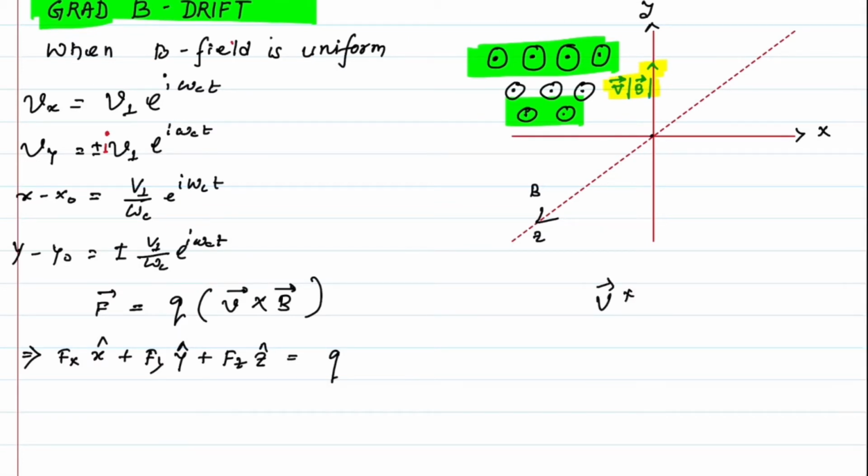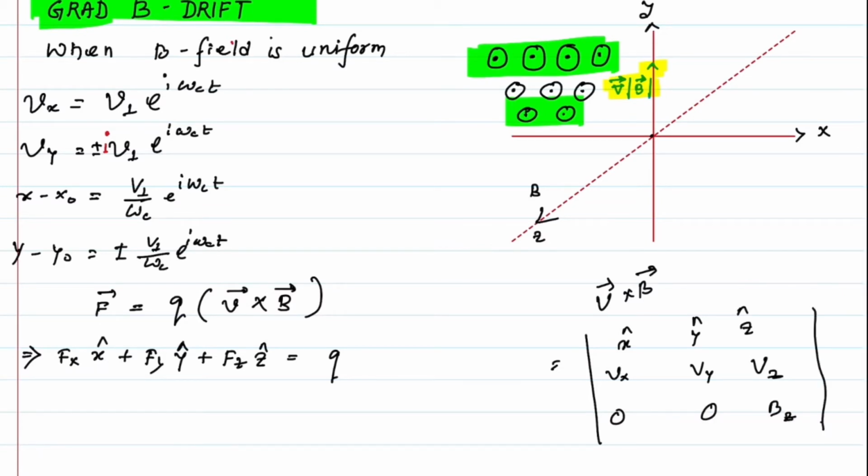So V cross B can be obtained here with x cap, y cap, z cap, and here Vx, Vy, Vz, and here we have 0, 0, Bz, because the magnetic field is being applied in the z direction only, so that's why Bz, and in the other two directions it will be 0. If you calculate this, you must get this expression.